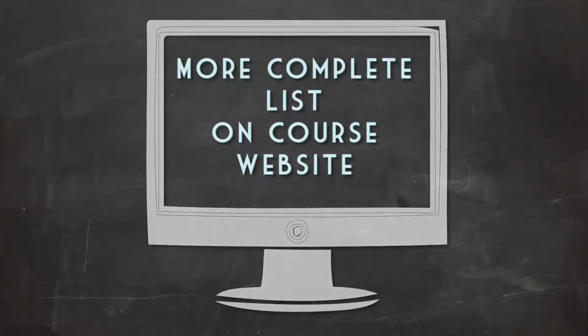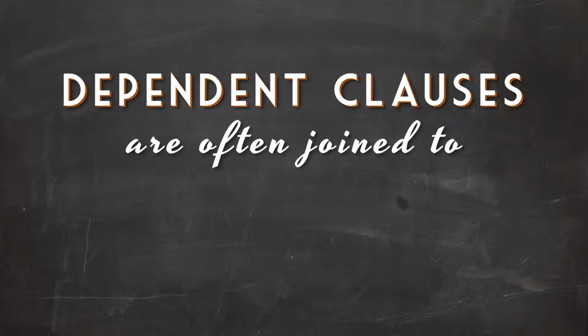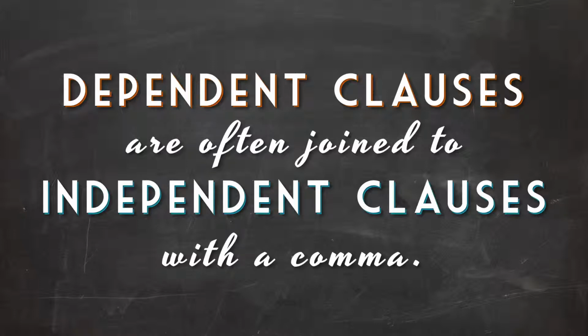You can find a more complete list of dependent marker words on the course website. As you can see, dependent clauses are often, although not always, joined to independent clauses with a comma. This is a perfectly good sentence construction, so you need to be sure you can recognize a dependent clause so you don't mistake it for a comma splice.